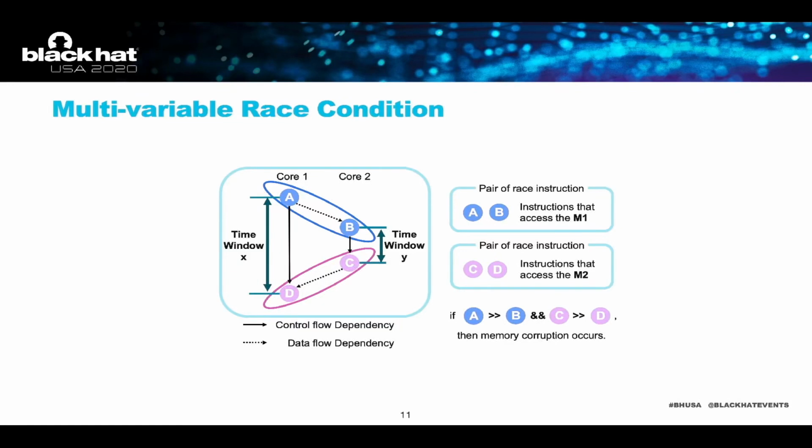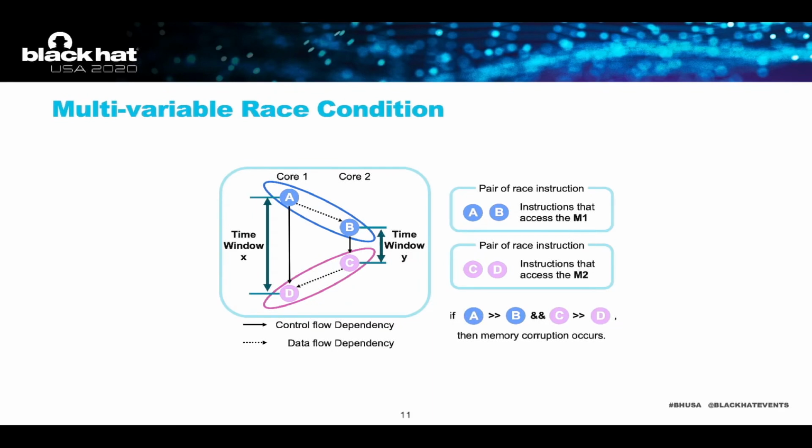The other type of race condition is the multivariable race condition, and it is more common in the real world than the single variable race condition. The multivariable race condition may also consist of multiple pairs of race instructions, but at this time, each pair accesses different variables.